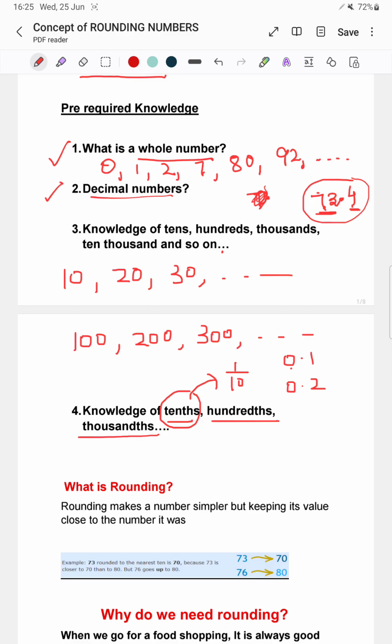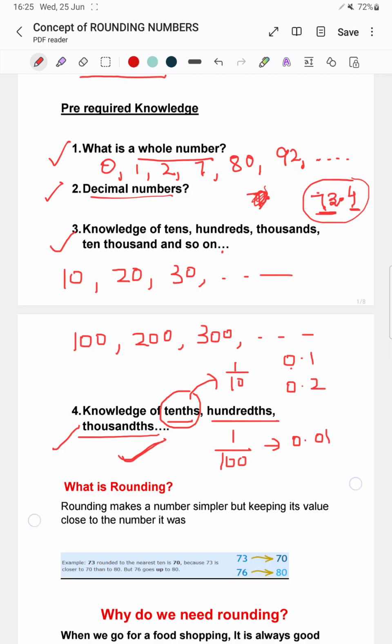So we must have the knowledge of decimal numbers, like what is the meaning of tenth, what is the meaning of hundredth. Let's say if I'm saying one hundredth, that means 1 over 100, or in decimal form I can say 0.01. Because the rounding concept, we use it to round the whole numbers as well as to round the decimal numbers. So we must understand all these terms in detail.